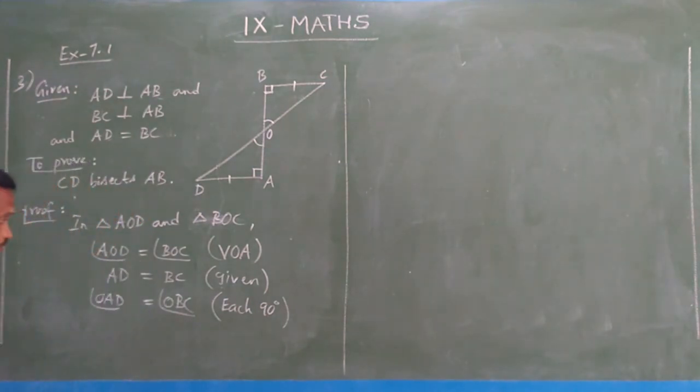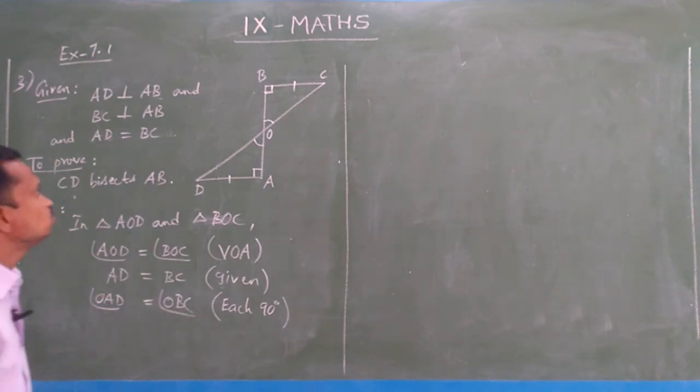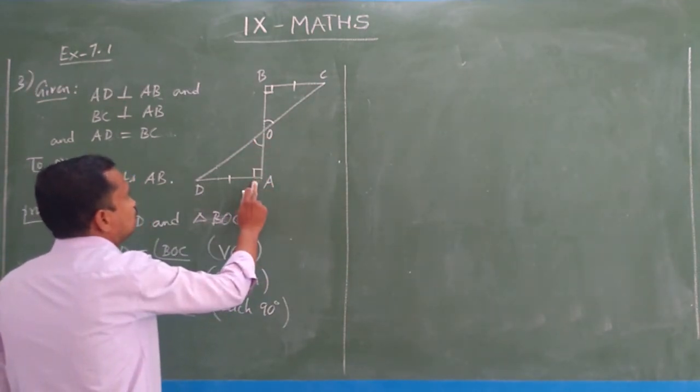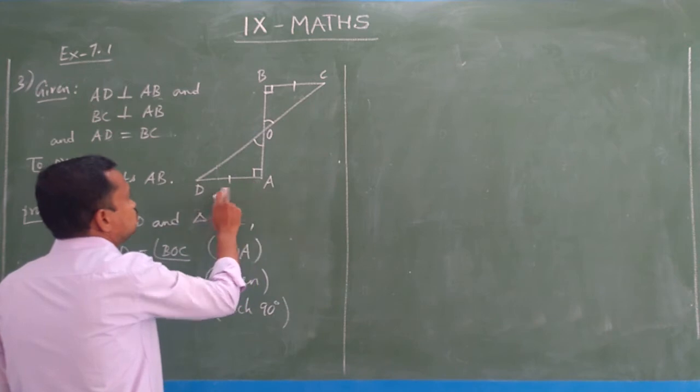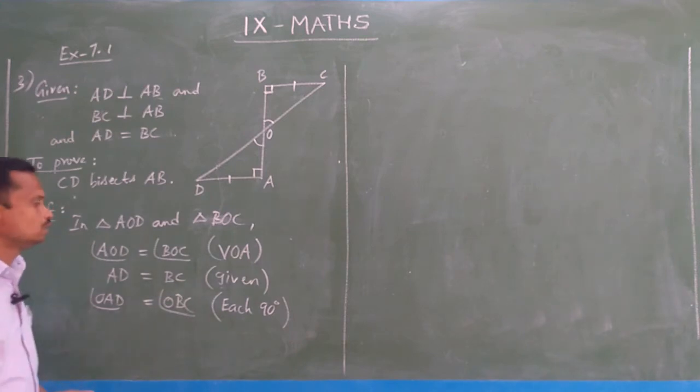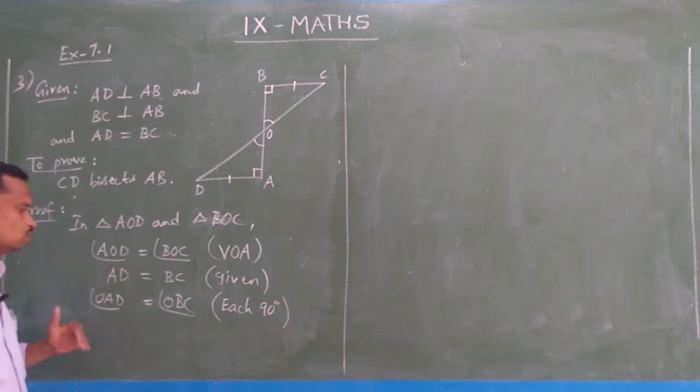And now, two angles on one side, and this is included side, you see, AOD, BOC. So, these two angles and this side is not included, but you can write like that, two angles on one side.